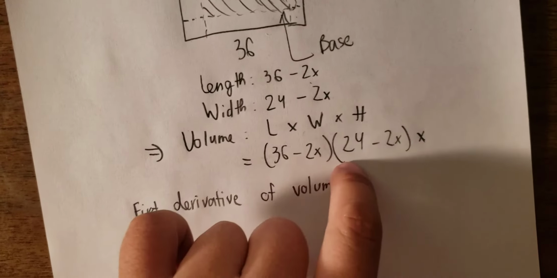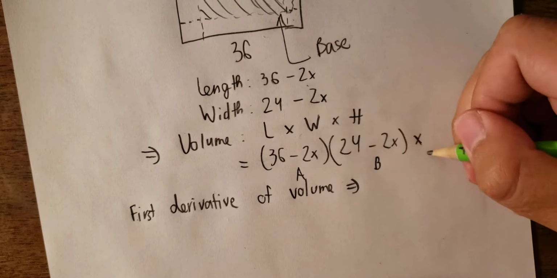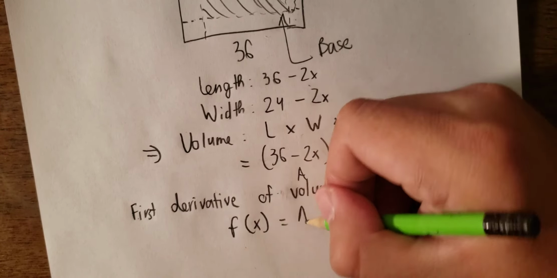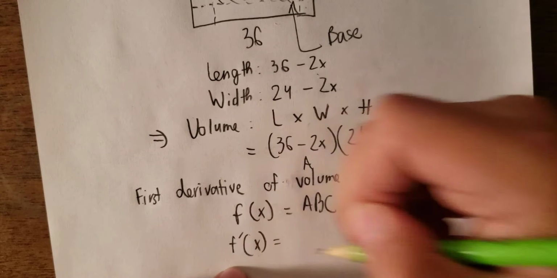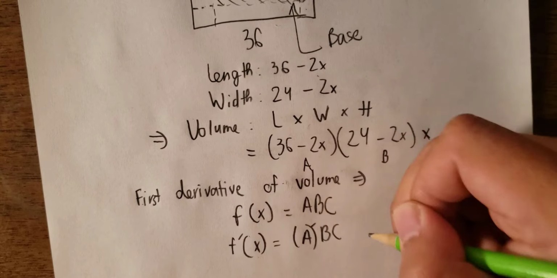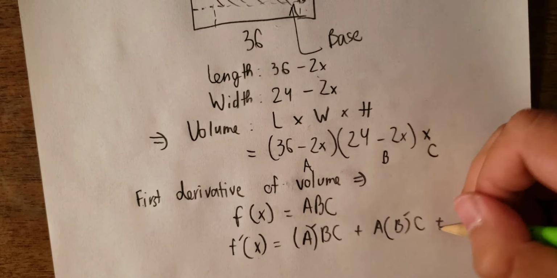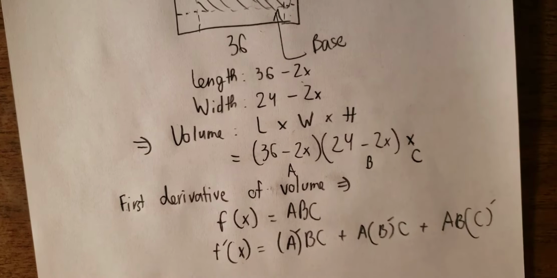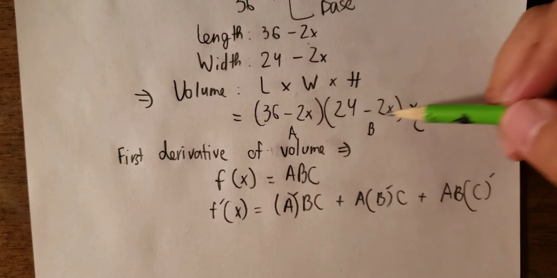Because we have three things, A, B, and C, if we do the first derivative of A, B, and C, we will do it like this. We will do A first, then B later, and the final is C. Let's see the technique of how to do the first derivative of this.